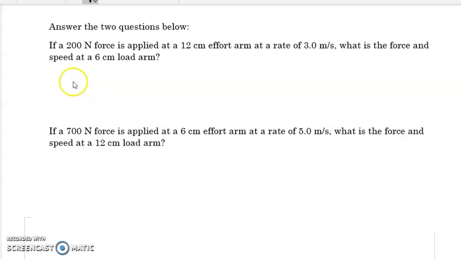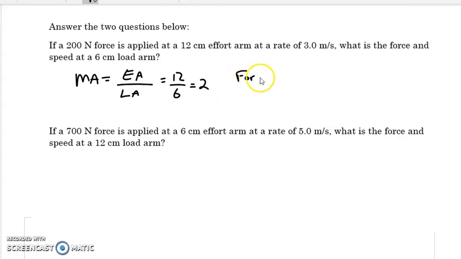Well, first thing we're going to do is figure out what that mechanical advantage is. And that's just the length of the effort arm divided by the load arm length. And so we've been told that's 12 divided by 6, so this has a mechanical advantage of 2. Right, which means the change in the force is going to be twice the amount. But the speed is going to be half.